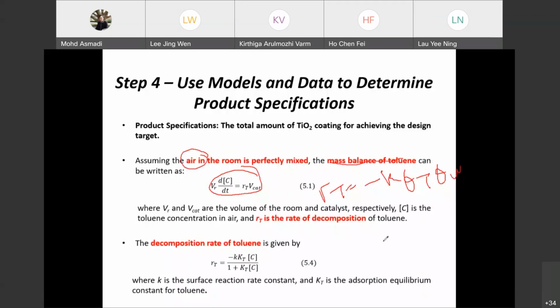If you still remember, negative k CA C alpha and beta. But water is in excess, because at room conditions water vapor is in excess. So we can consider theta water is equal to 1.